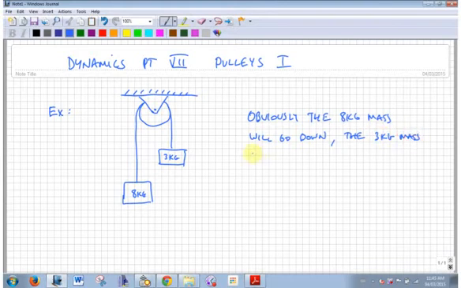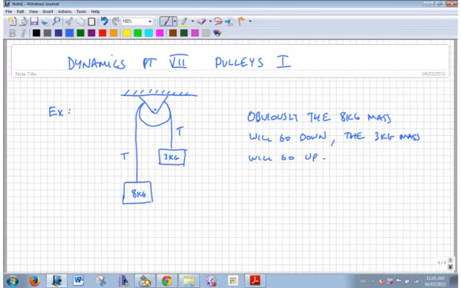You bet. Is there any tension here? Yeah, there's tension here. There's tension here. What do we know about Newton's third law? They're equal, aren't they?